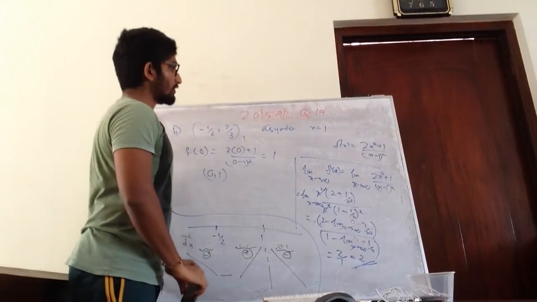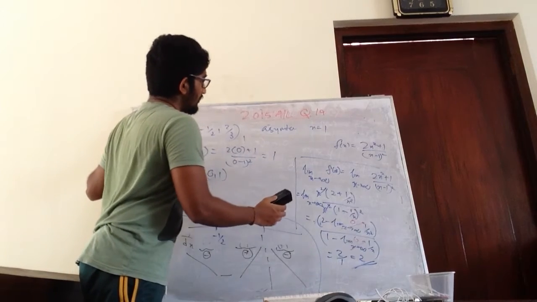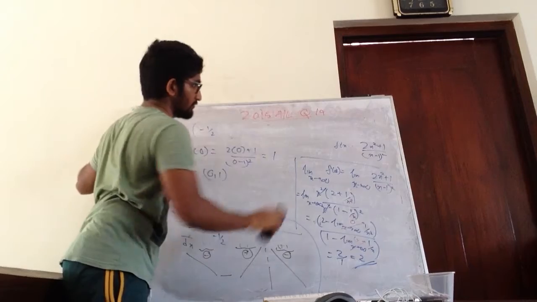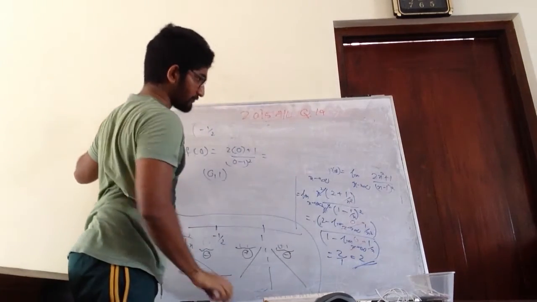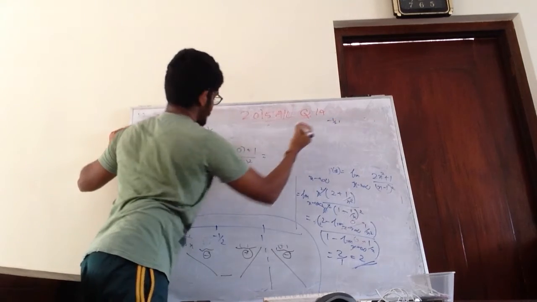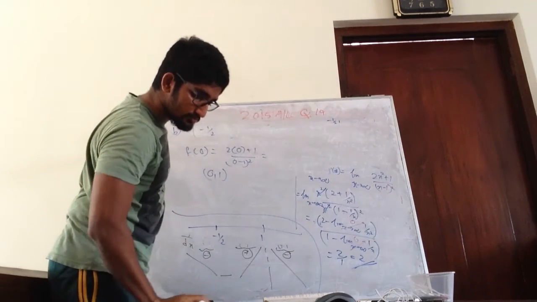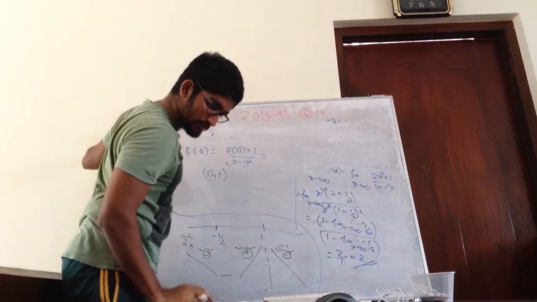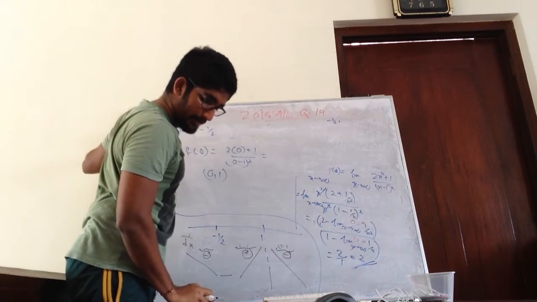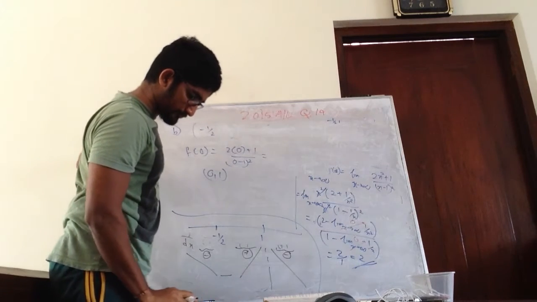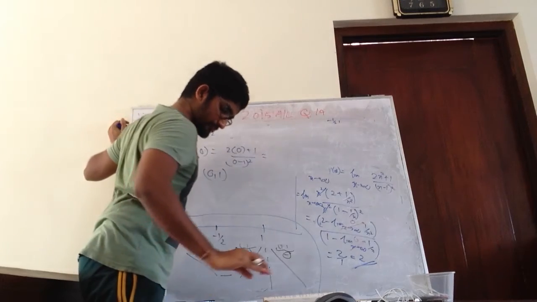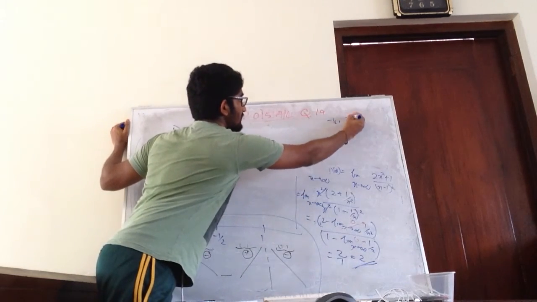Now we have to draw the graph, so I'm going to write a small summary. The points are going to be minus half, 2 over 3. Minus half, 2 over 3 is a point.